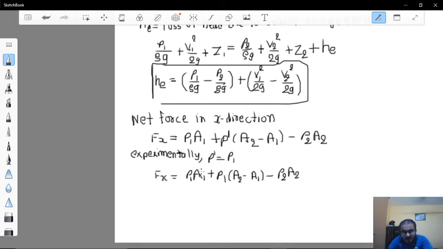So here finally what we will be getting here is P1 minus P2 into A2, that will be the value of Fx.